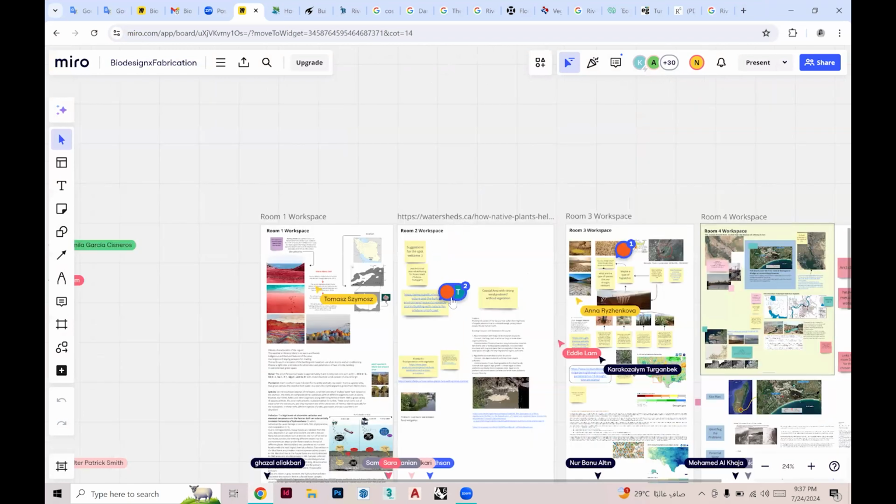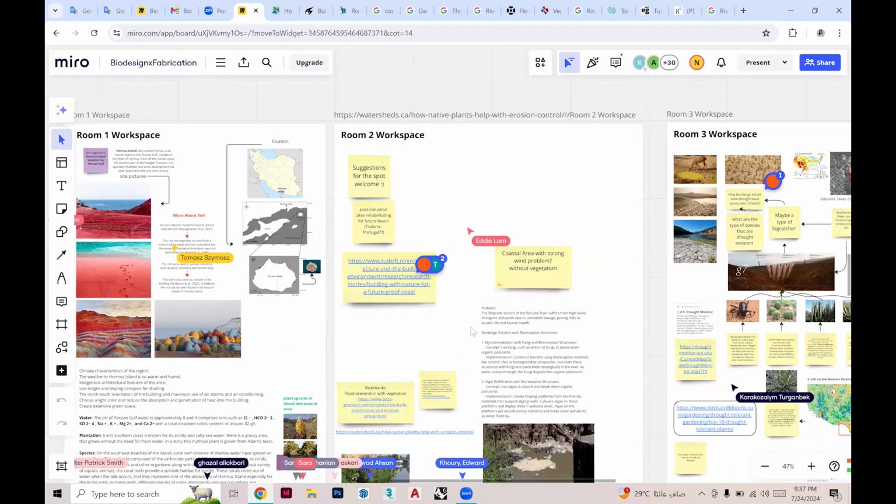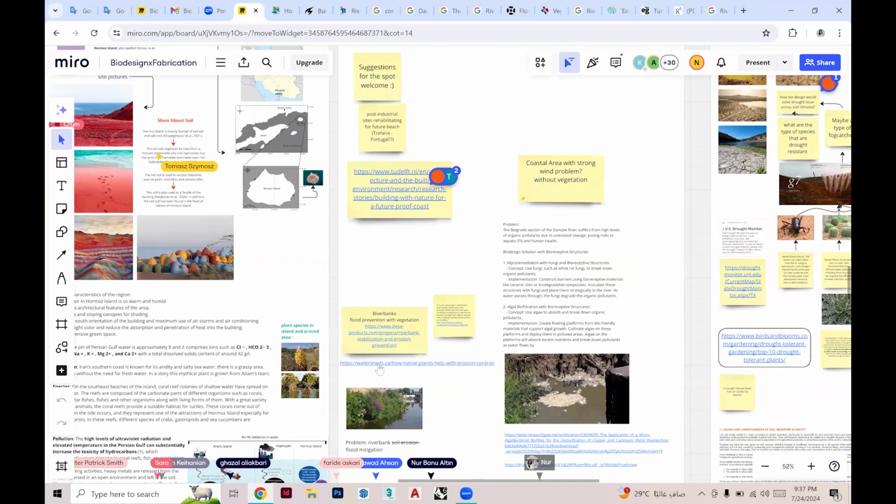Guys in room 2, you can help me in order to proceed. In the beginning, we had the idea of river banks and how they can help in erosion preservation, and how vegetation can help to purify the air and water.